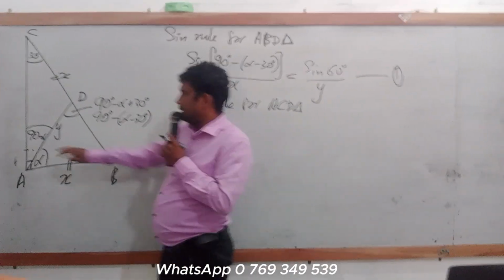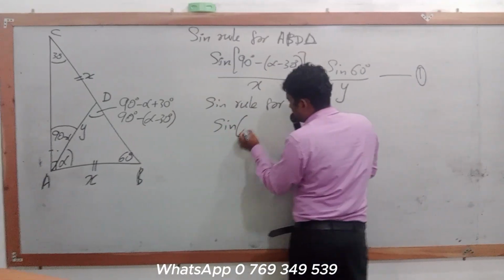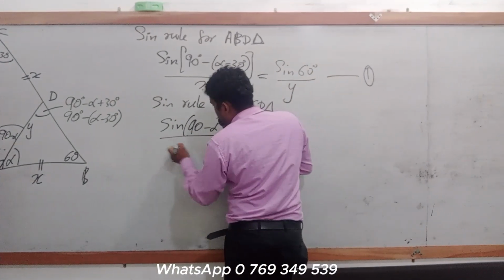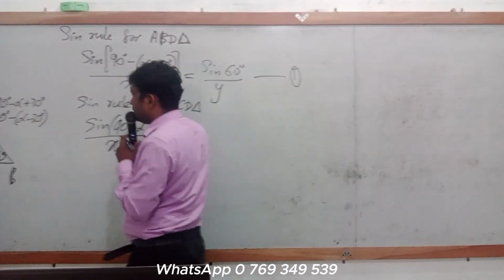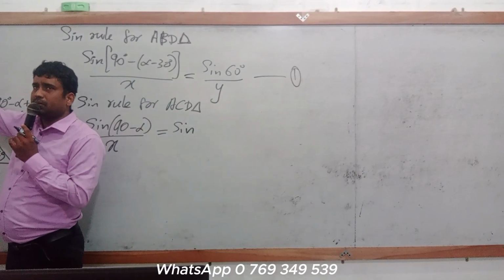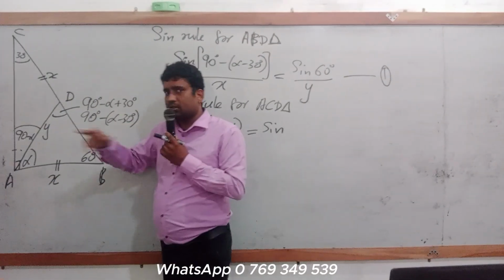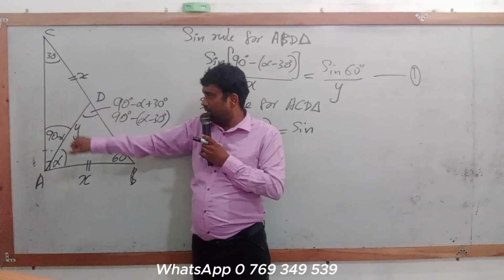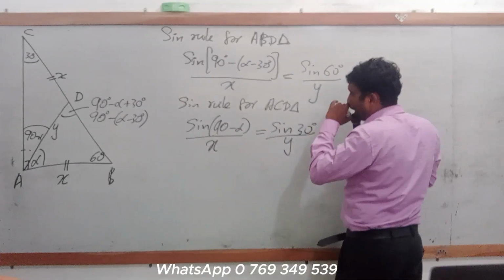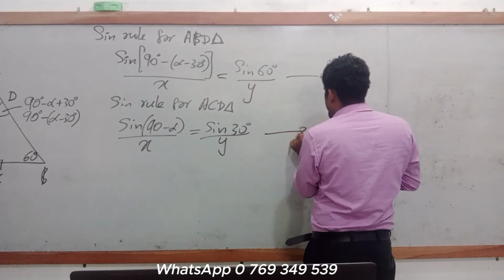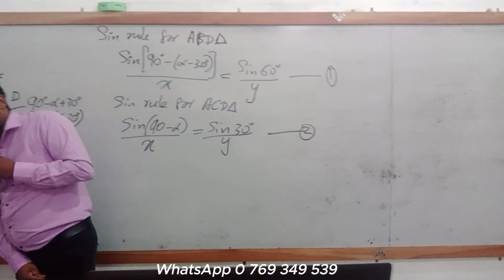Sine 90 minus alpha divided by x, equals, we can use sine 30, sine 30 divided by y. Right? This is equation number 2. I'm not going to solve these things using this one. Right?